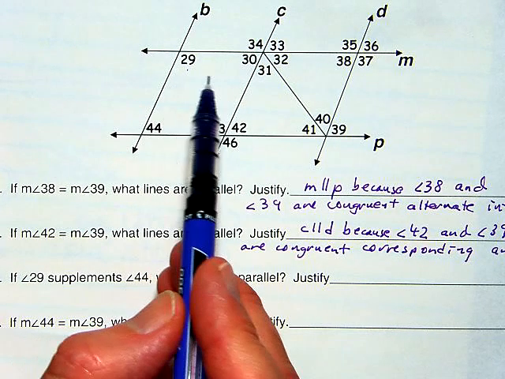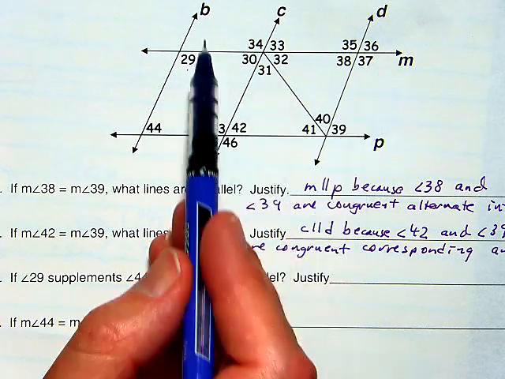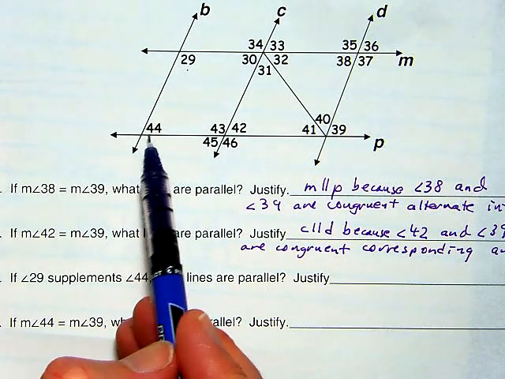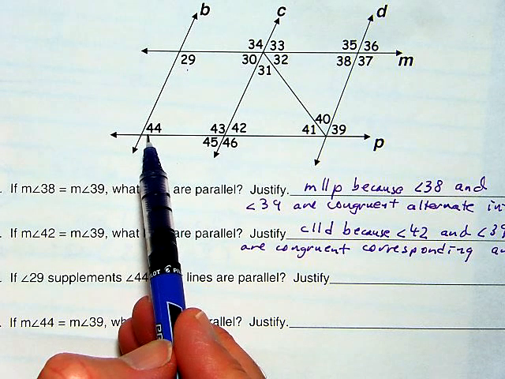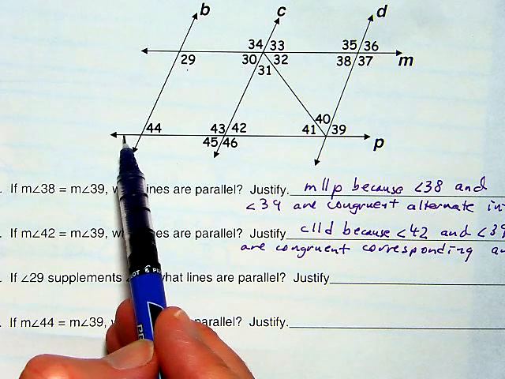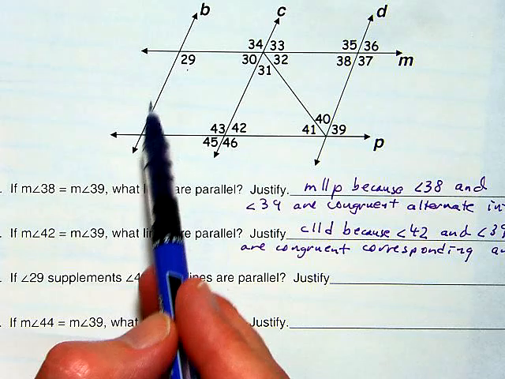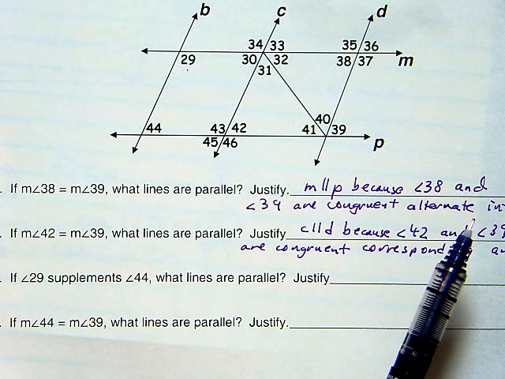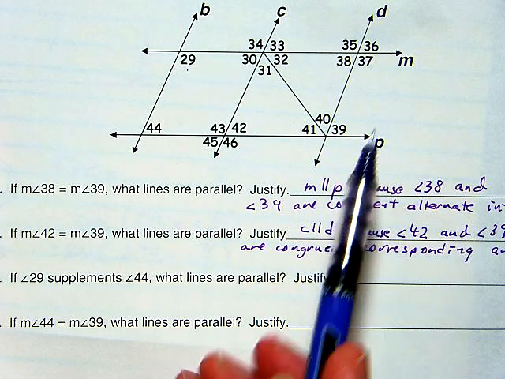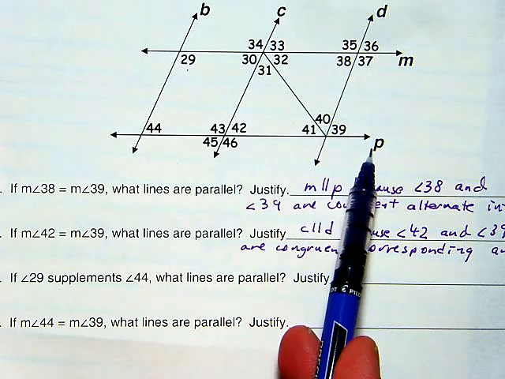It's the horizontal line M and line B, and the lines that make up angle 44 are the horizontal line P and line B. So the only lines involved in these two angles are M, B, and P.